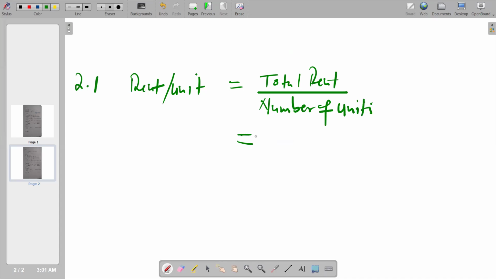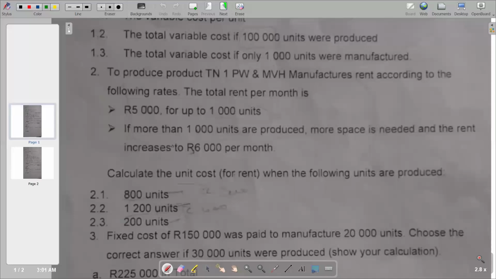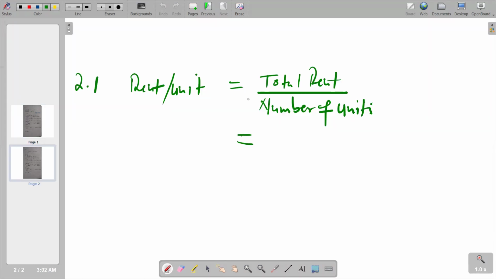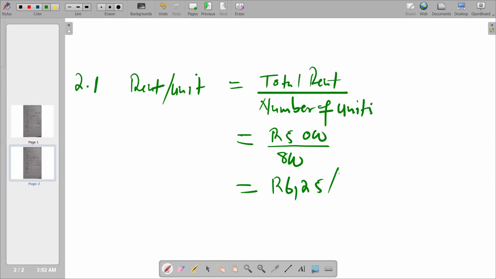In this case, our total rent is 5,000 and the number of units is 800. So we have 5,000 divided by 800 units, and then you're going to get your answer, which is 625 cents. This is per unit. So this is what we have on that part.